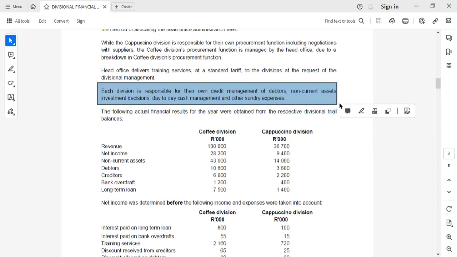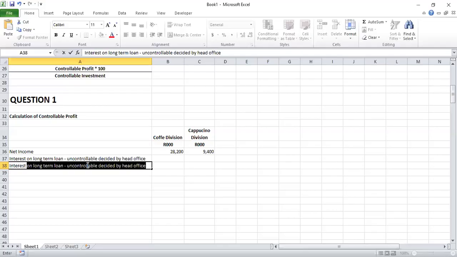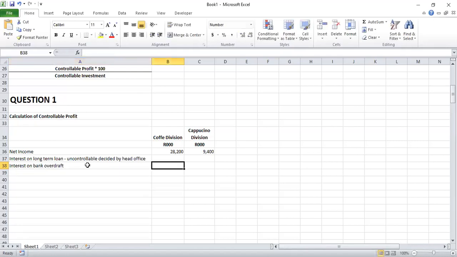The bank overdraft is part of the day-to-day cash management. So we're going to subtract it. It is their controllable expense. Interest on bank overdraft: 55 and 15.